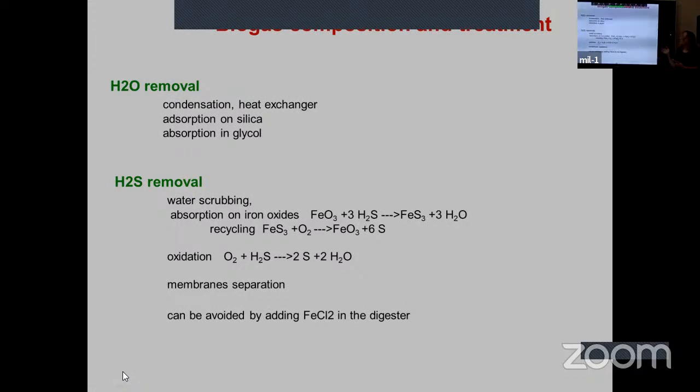You can also inject a low amount of oxygen in the biogas to oxidize H2S, and then you have solid sulfur. You can use membrane separation, and also as prevention, you can add some iron dichloride in the digester to avoid the H2S production.